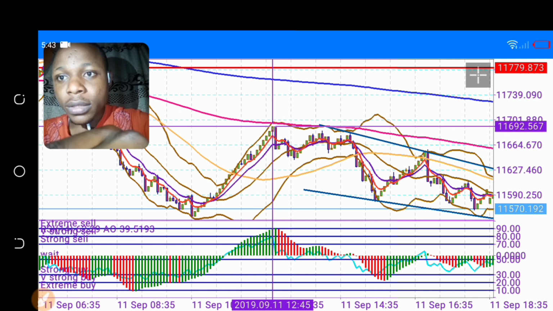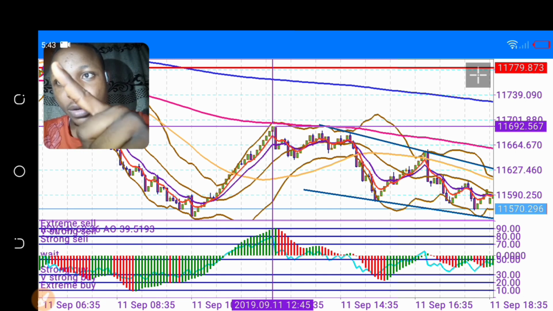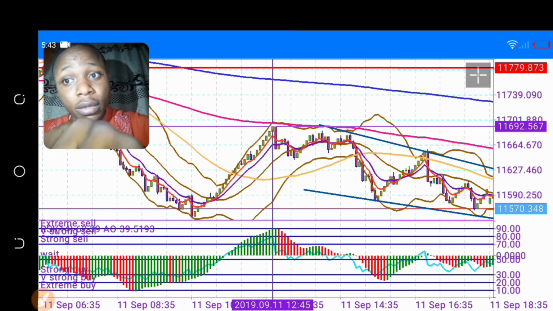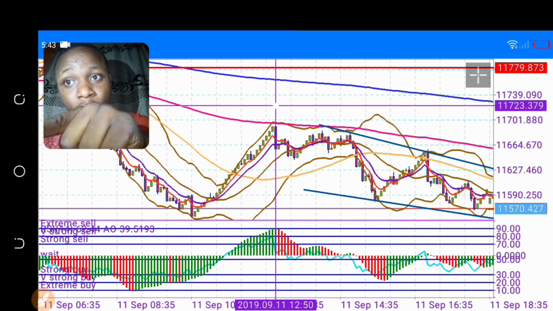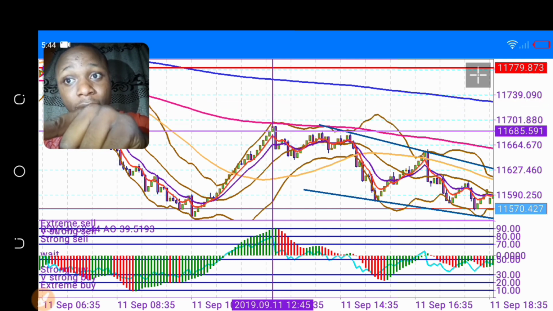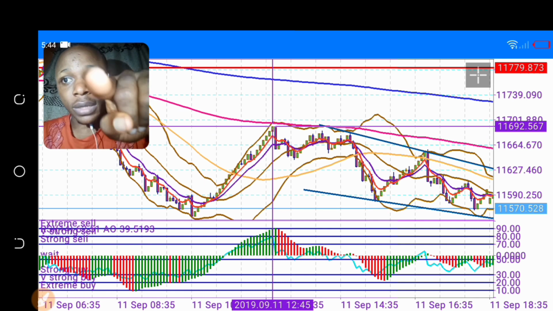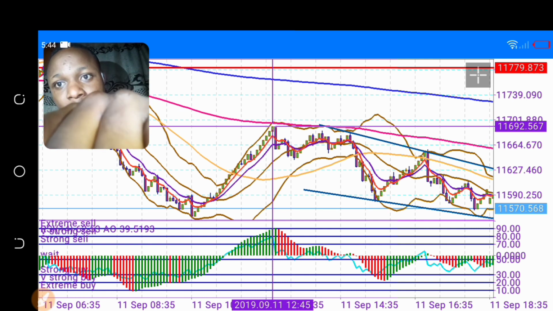Adjust it on the start or the close of the candle, then use your second finger, just place it on your screen. Remember, you are still holding this. My other finger is still holding this. So now use this one, just click anywhere on the screen.